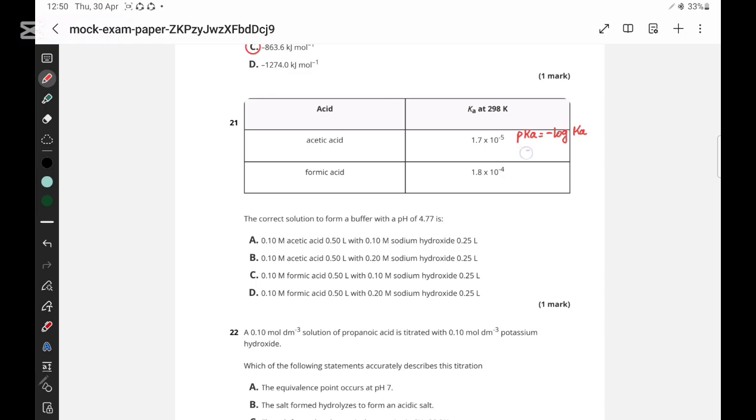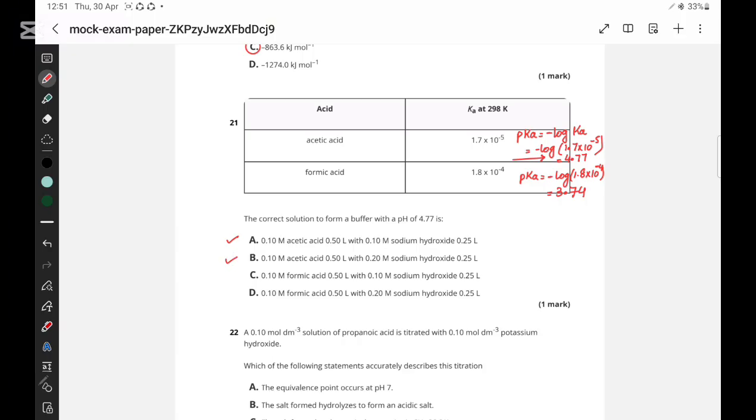The negative log of Ka value 1.7 times 10 to the power minus 5 comes out to be 4.77. Then also finding the pKa here, the negative log of Ka 1.8 times 10 to the power minus 4 comes out to be 3.74. So pH is 4.77, so that matches the pKa value of acetic acid. So first of all, that is going to be acetic acid, either this one.